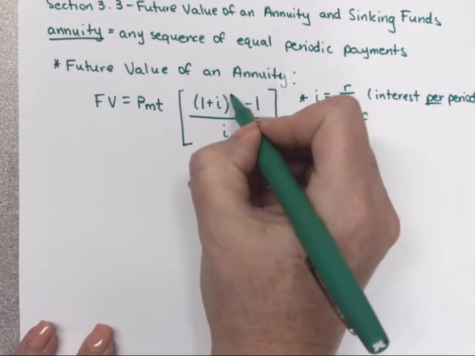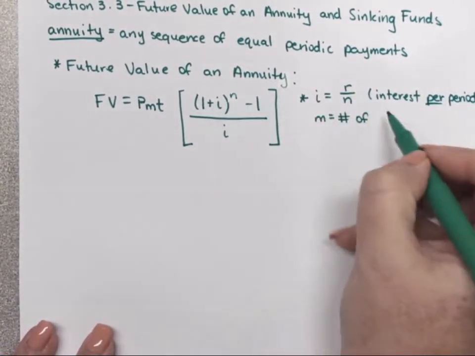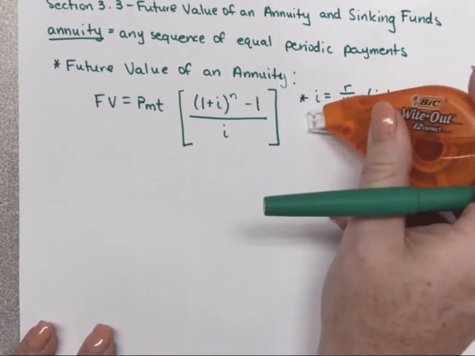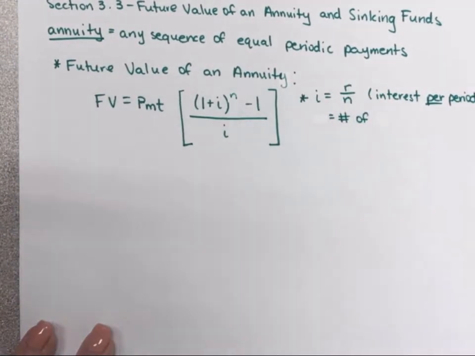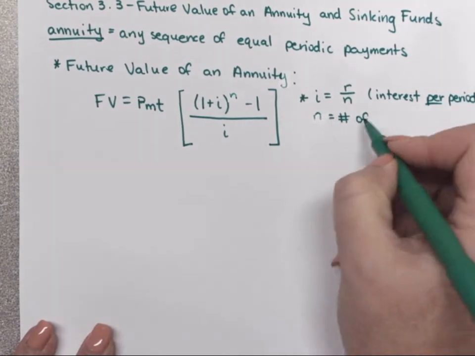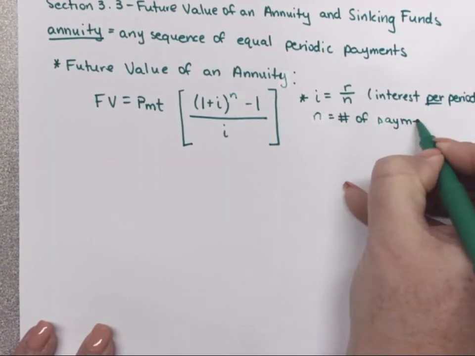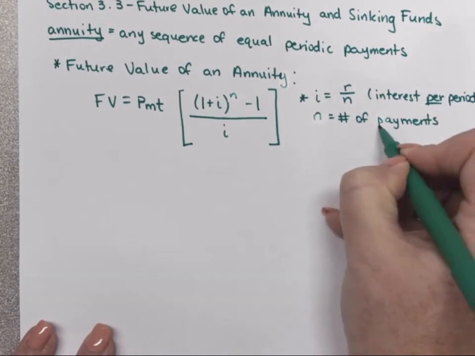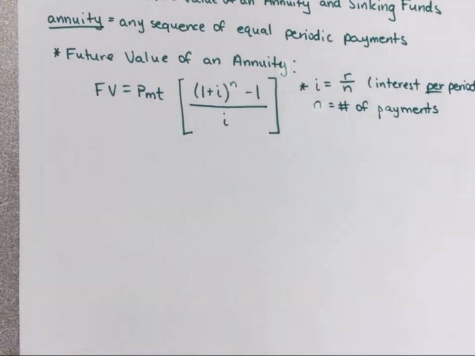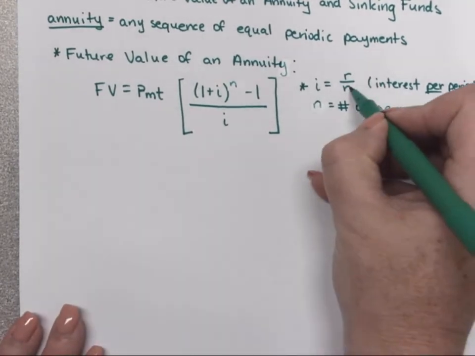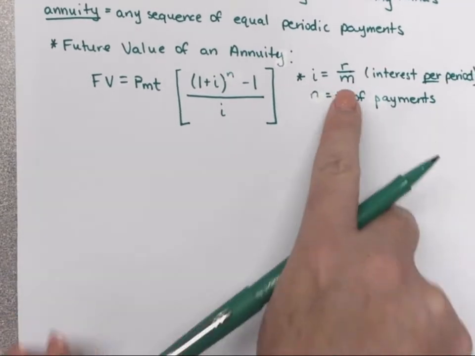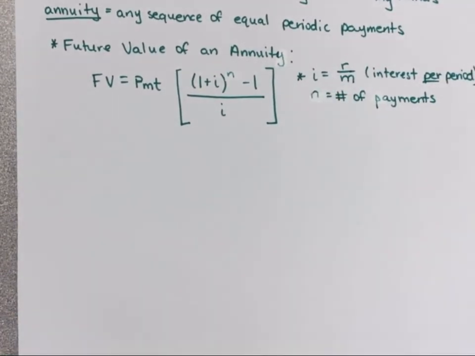Like I said, this book is kind of an oddball, so I'm trying to remember how these technical formulas look in this book. So let's say N is the number of payments, because we've been using M as the number of times per year interest is compounded, so we're going to stick with that. So change this formula to R over M as well.